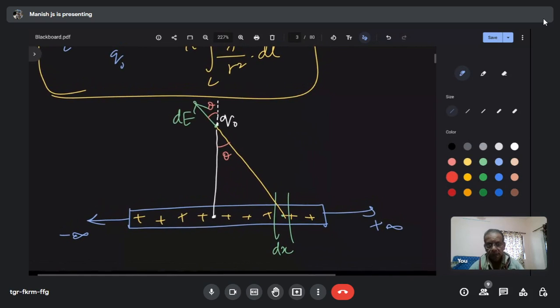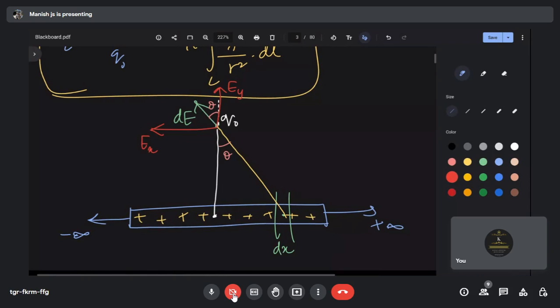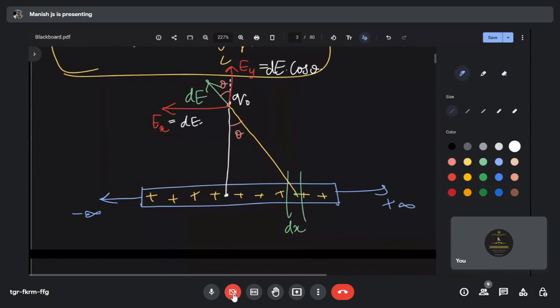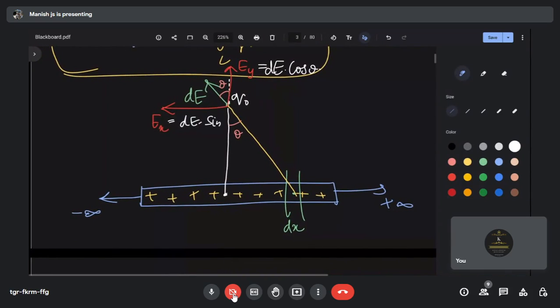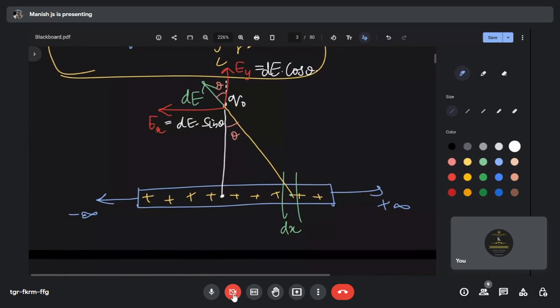Resolution of vectors: the vector dE you resolve. It has two components, one vertical and another horizontal. The vertical component is dE cos theta. Similarly, the horizontal component will be dE cos of (90 minus theta), and cos(90 minus theta) can be written as sin theta. So you will get dE sin theta. You can represent it like this.